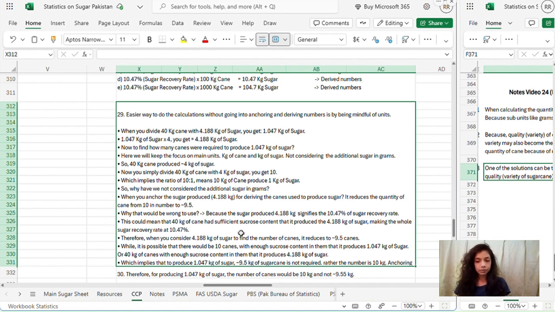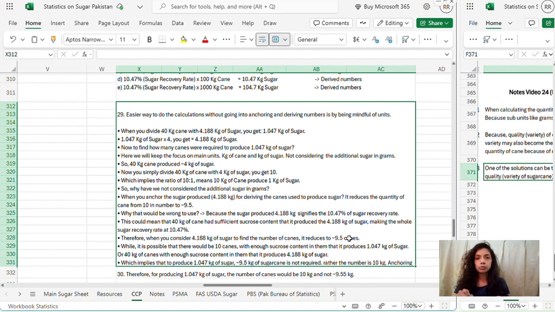The same thing that we have just discussed: it is possible, and this is implied, that the 40 kg of sugarcane has enough sucrose content in it that it produced 4 kg of sugar and an additional 188 grams of sugar as well, on a smaller scale.